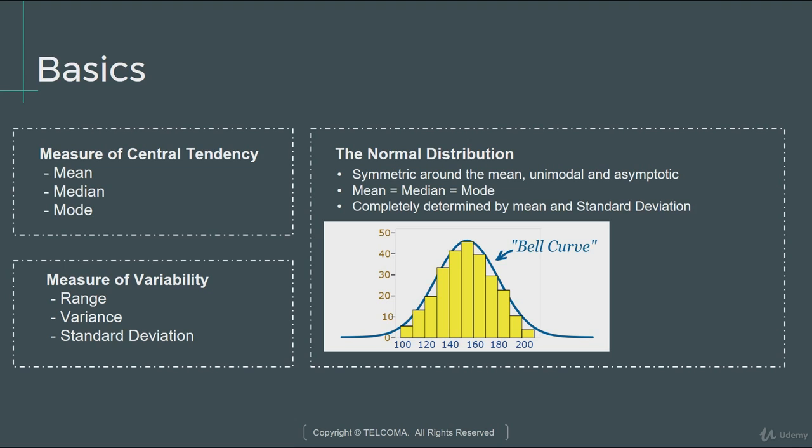Now, just using these three, mean, median, and mode, we can get a fair understanding visually of the central tendency of the plot. And to understand the variability, that is dispersion, we have range, variance, and standard deviation. Range is basically, as you already know, maximum minus minimum. So we understand where the plot starts and where it ends.